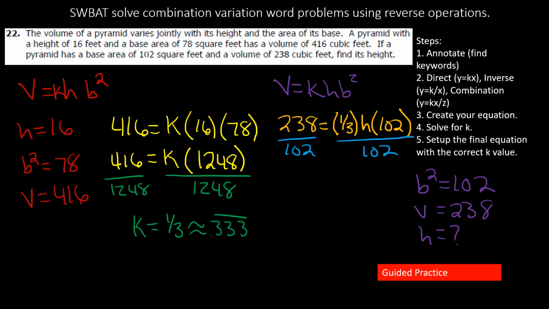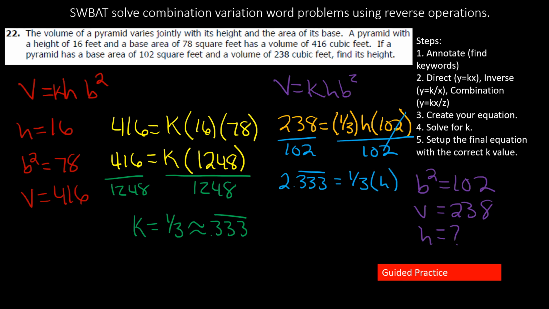So 238 divided by 102, okay, gives us 2.333, right? And it's actually 2 1/3 equals, right, these simplify out, 1/3 times H.